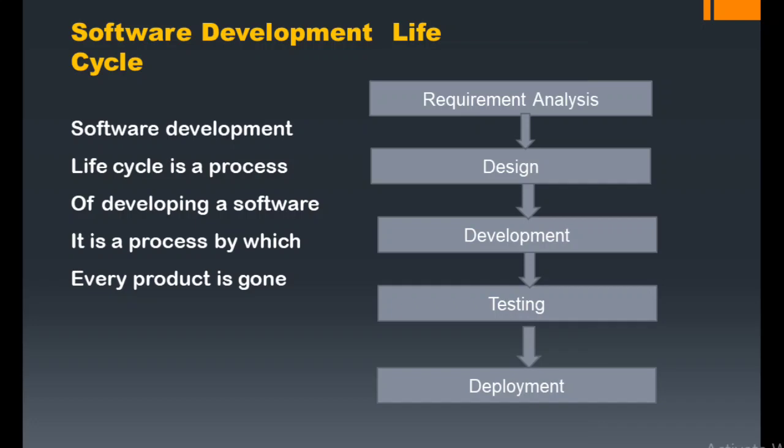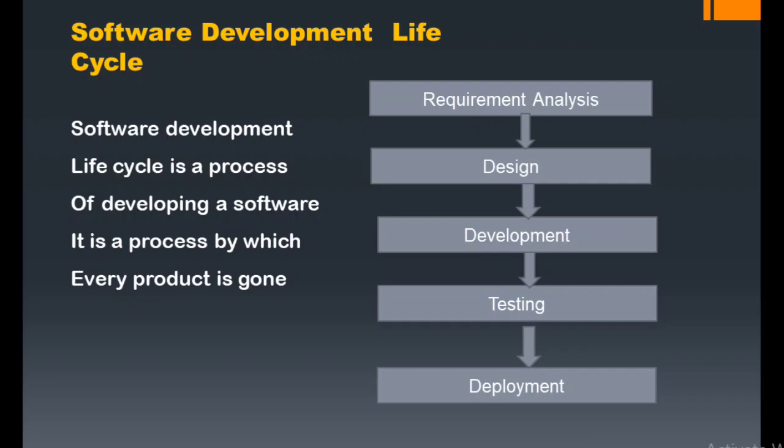First is requirement analysis. Requirement analysis is analyzing the requirements, what are the aspects and the deliverables from our software. A person from the company goes to the client side and collects the requirements. All the requirements are analyzed and tested by the whole team.